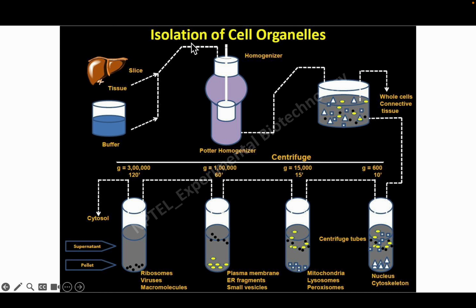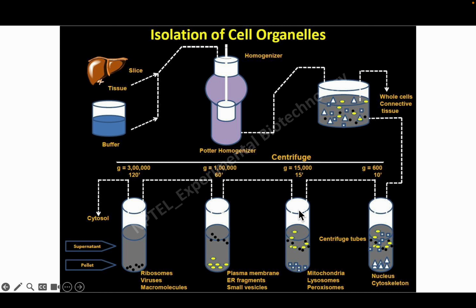Now, an example of isolation of cell organelles. You have isolated your tissue, you have to mix it with buffer and homogenize it. Then you will ultracentrifuge it. At first, at this much G, the nuclei and cytokeratin will get precipitated.